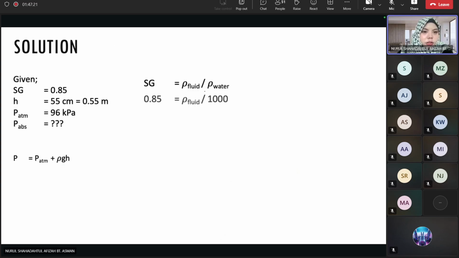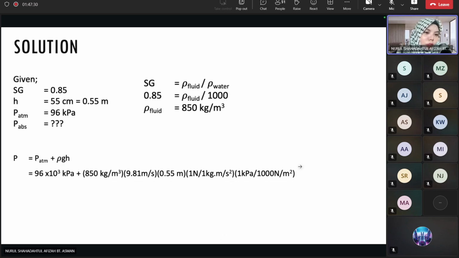So first, kena cari lah the density of fluid is 850 kilogram per meter cube. Ini, this one, absolute pressure equals to atmospheric pressure plus rho g h. Atmospheric given 96 kilopascal.